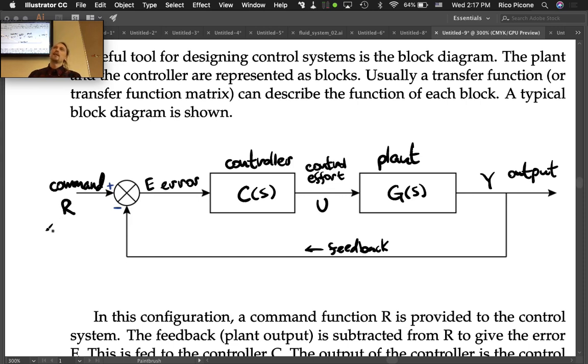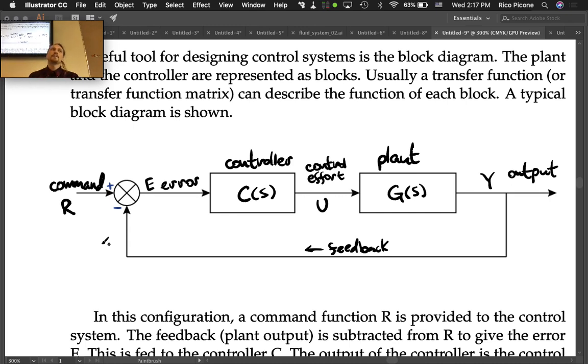Okay, so we would like this output to follow the command as closely as possible. If you want to know how the system responds to some command coming in, you look at the output over the command as a transfer function, and then you can use it to predict what will happen when you put in a given command.